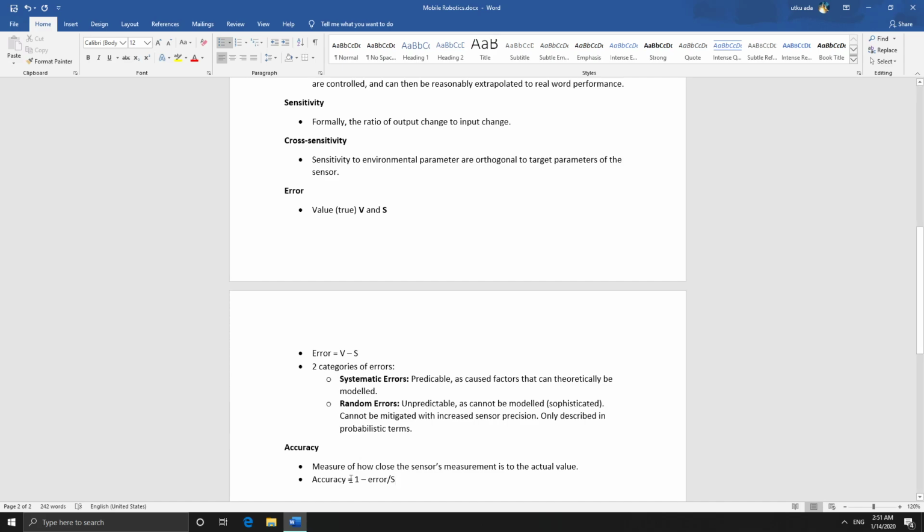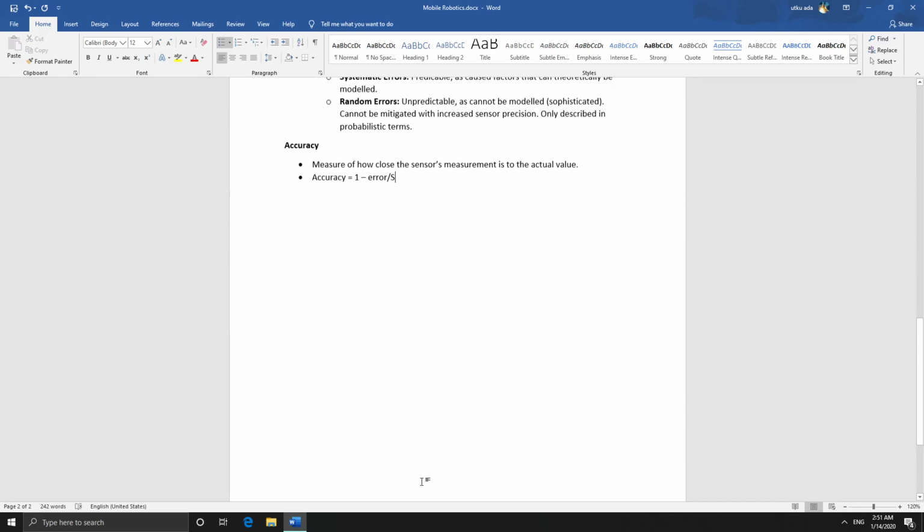So the accuracy would be 0.9. That's the degree to which the measured value conforms to the actual value.